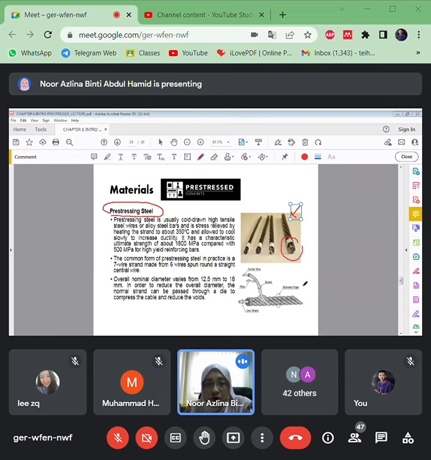In the concrete there will be more than one strand. Each of these strands has about 6 or 7 wires. So overall the diameter can be up to 18 mm for each of the wires here.